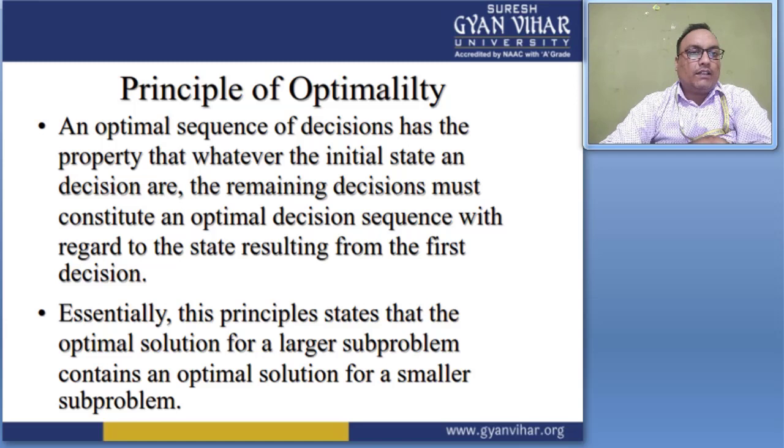This principle of optimality was given by Bellman in 1957.